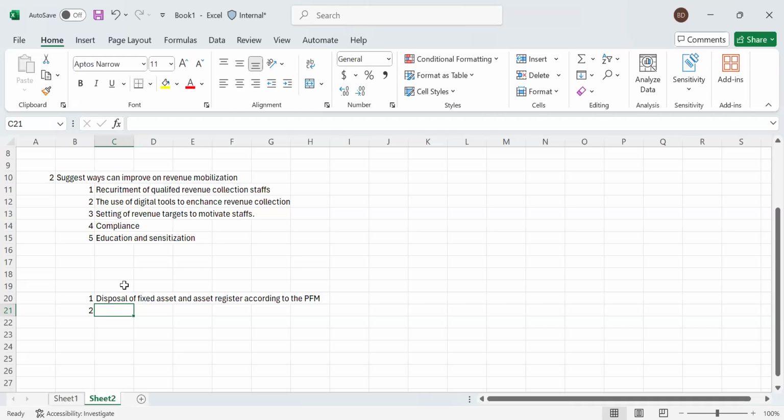Who knows the 2 methods? Did you guys do PIFA?